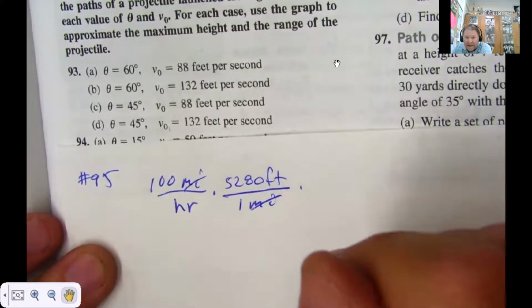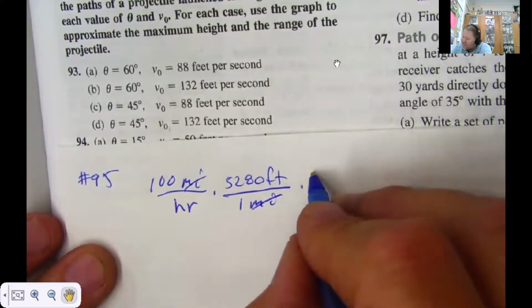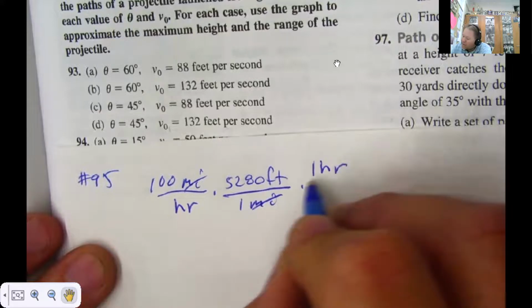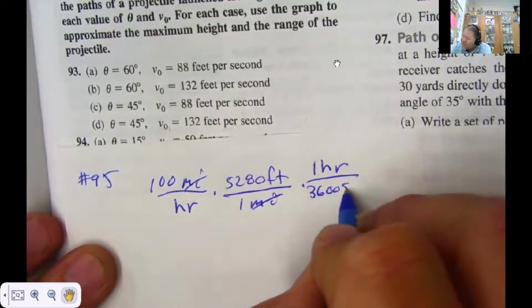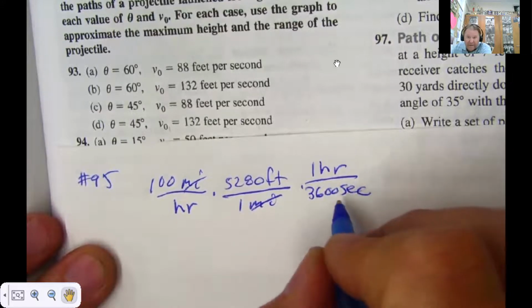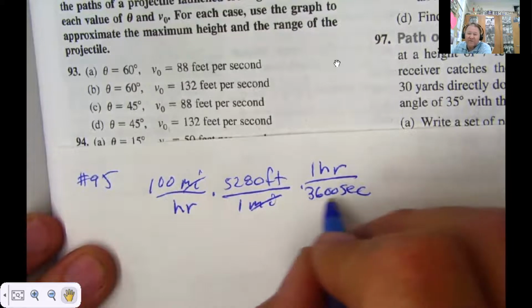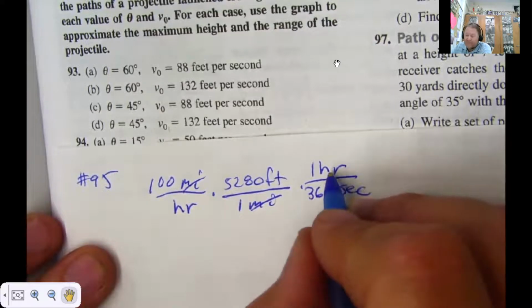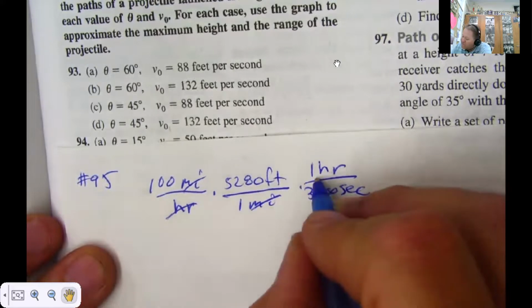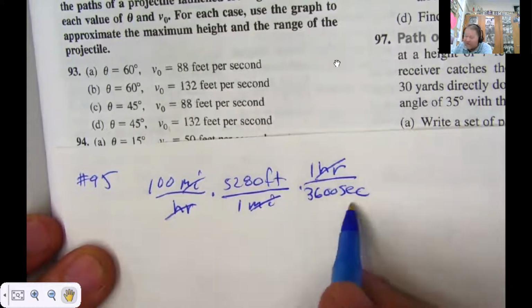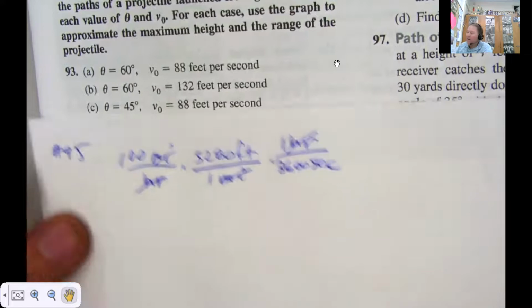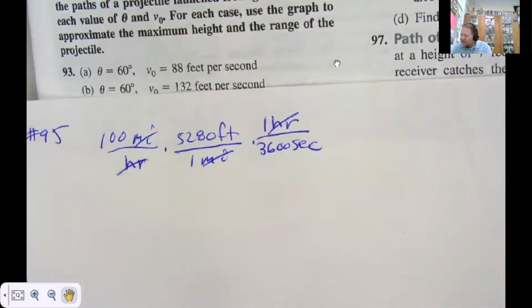And in 1 hour, there are 3,600 seconds. There are 60 seconds in 1 minute, and 60 minutes in 1 hour, and 60 times 60 is this. Then the hours cancel, and now I'm in feet per second, which is where I want to be. All righty, let's do it.